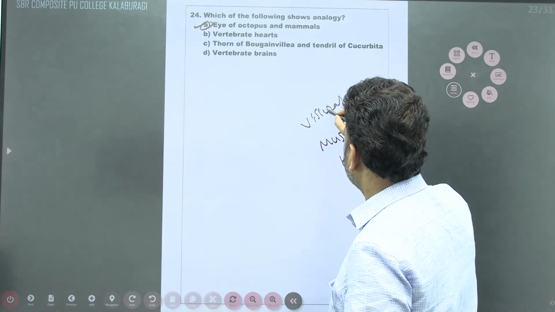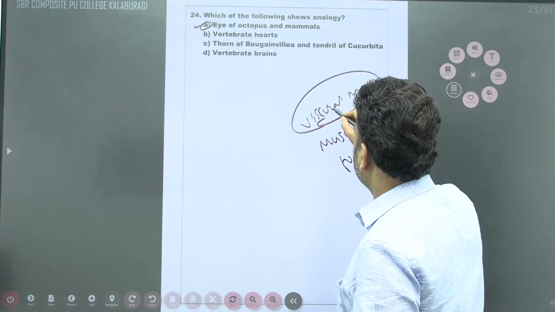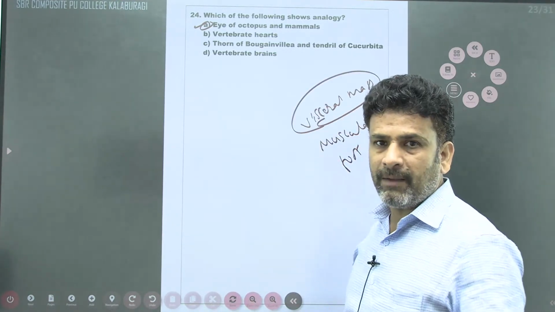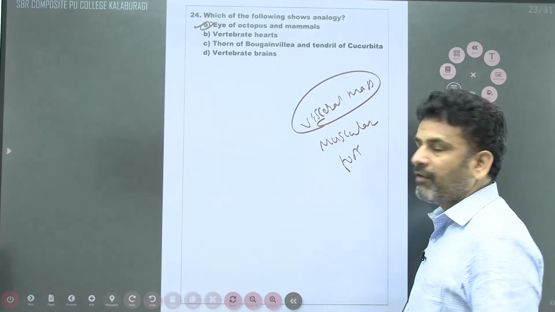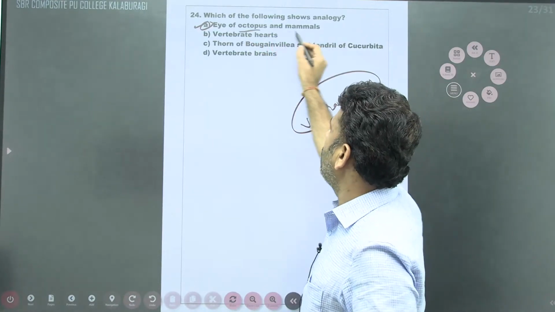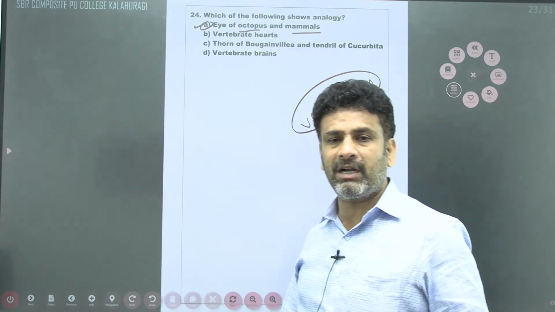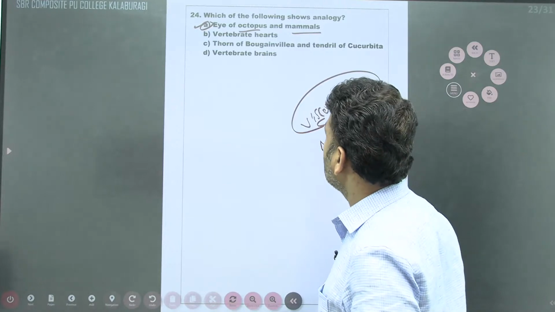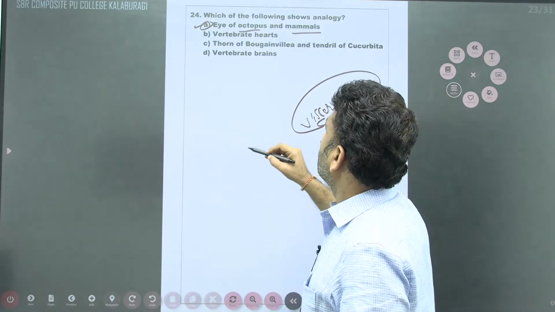The eyes just shift their position. The structure is also different compared to the eyes of human beings. The octopus eyes are different from the mammals' eyes, which are located in the orbital cavity in the facial bones, but they perform the same function.